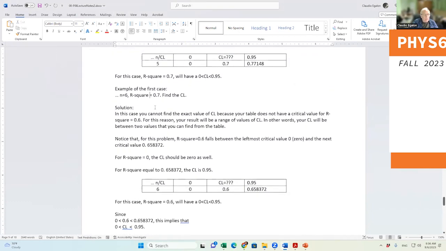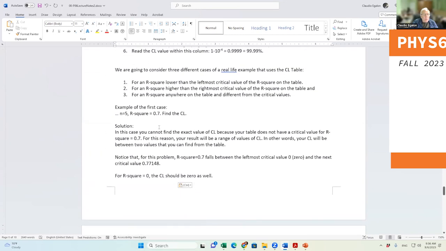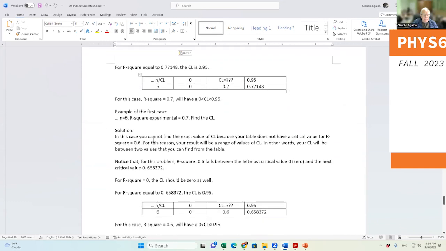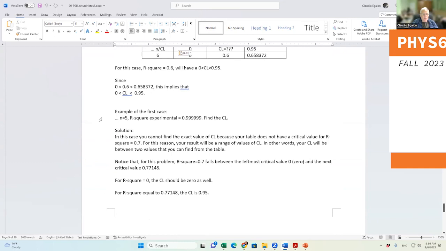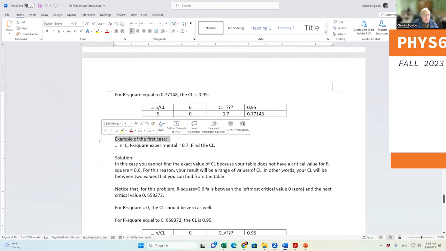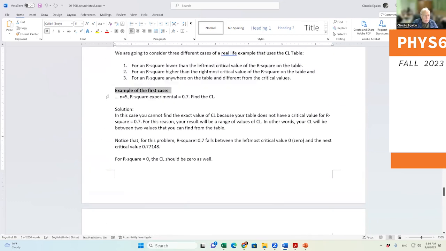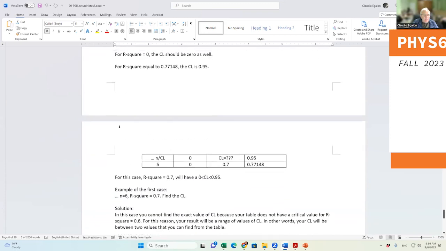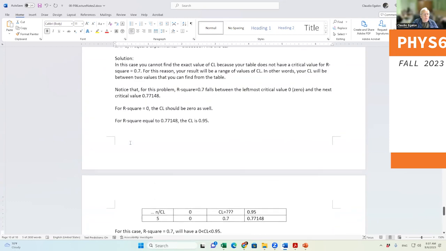I'm going to specify that R square experimental means, again, the R square that you found in your graph. Right? n equal to 5. I'm going to put boldface here so it's easier to locate the example and you don't get confused where it is located.